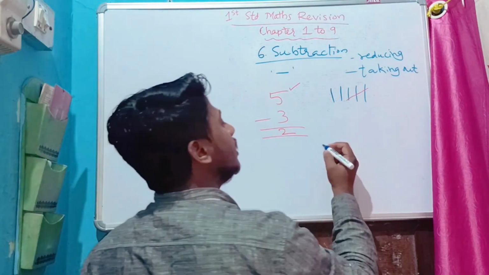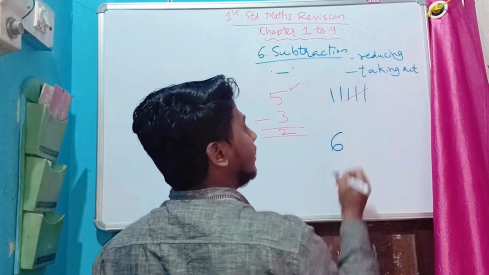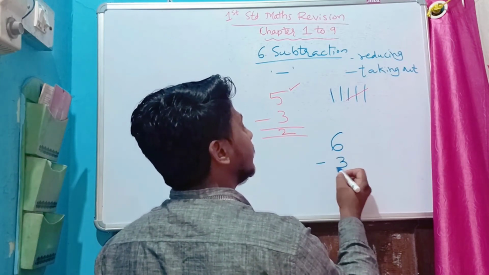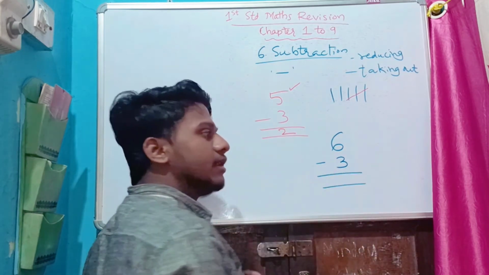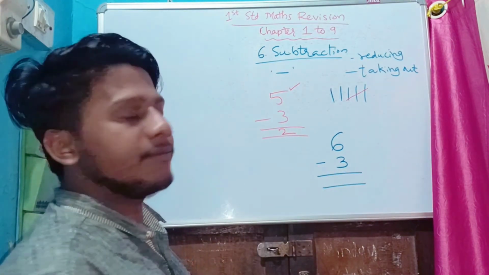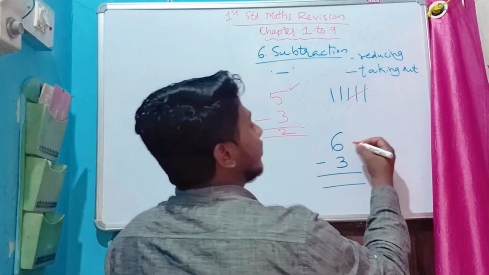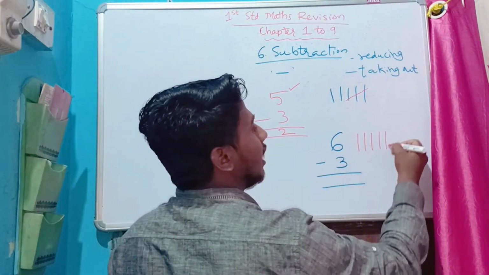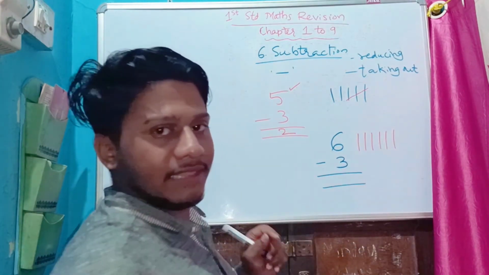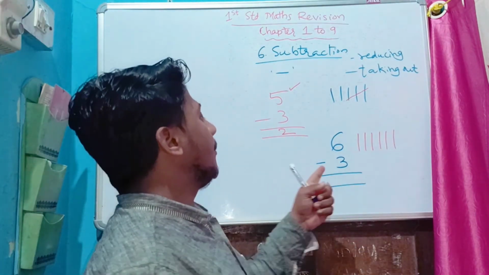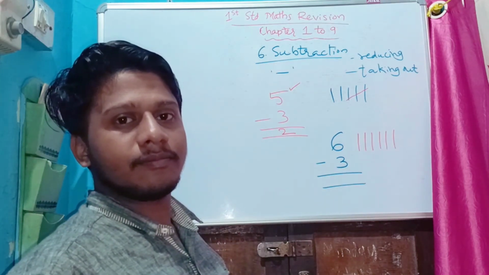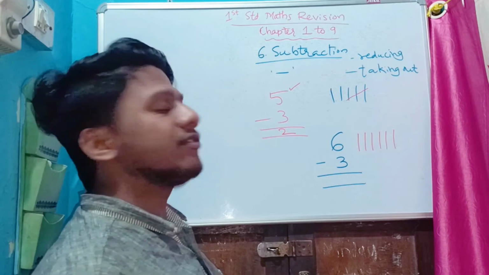Clear with this, kids? Let me take one more example. Okay. So let me take 6 minus 3. So let's do this. Yes. Draw 6 lines. 1, 2, 3, 4, 5, 6. 6 lines we have. Minus 3. So what do you mean by this minus 3 here?